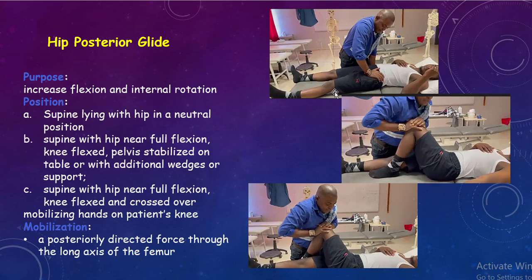That could be achieved by placing some sandbag or rolls of towels beneath the knee, so we have slight flexion, not much flexion. We don't want to keep the hip in 100% extension because that's a closed pack position, and every closed pack position is not good for mobilization because of the maximum contact between bone in that position and the reduction of the joint space.